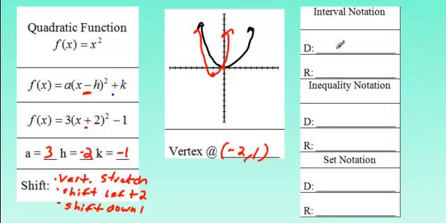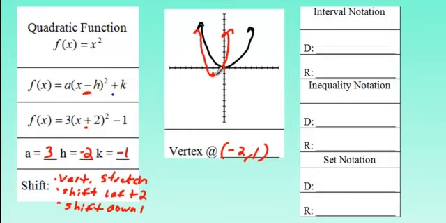Okay, now, so real quick, let's look at the domain and range and the different notations for this. So the domain on our child function, so after the parent has been translated and transformed, it's called a child function. So we're going to look at this red child function.